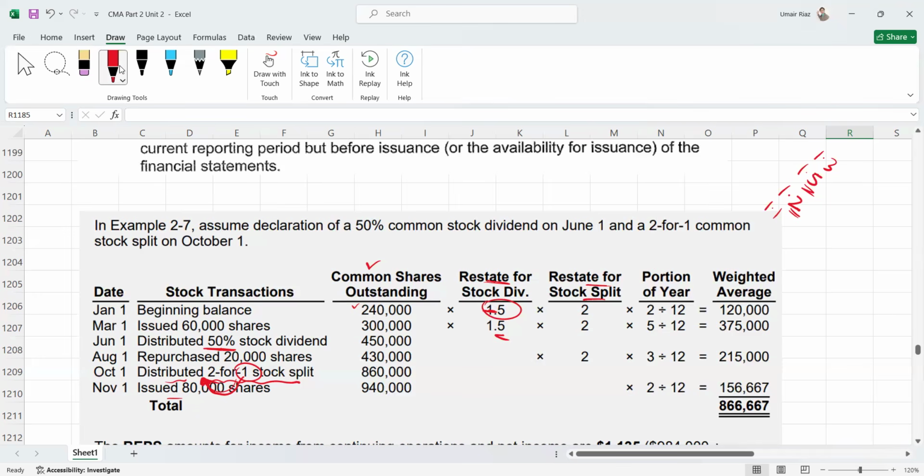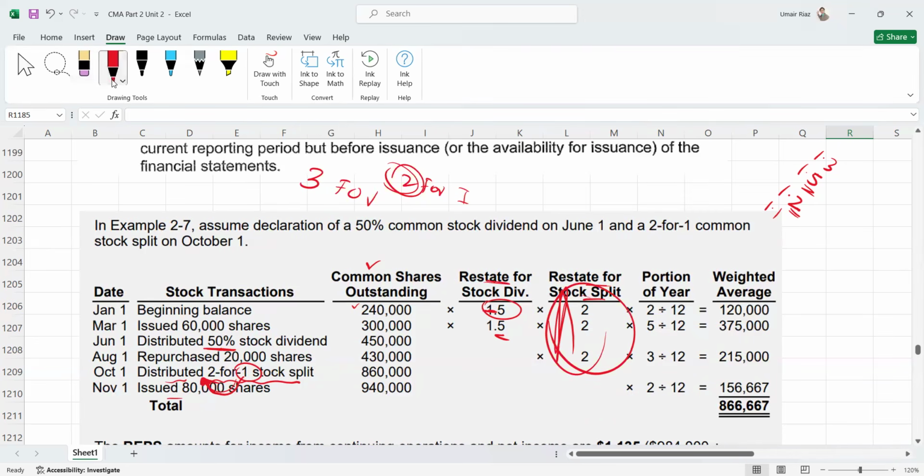Because it is 2-for-1, the restate factor for stock split will be 2. If, for example, it is 3-for-1, then 3 will be the restate factor. And please remember, the stock dividend and stock split will be applied to all existing shareholders.